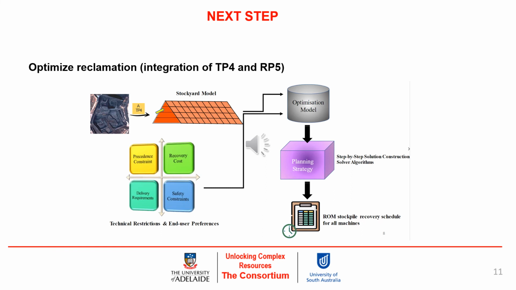For example, to reclaim a voxel from the lower batch, the voxel on top of it has to be removed first. We also have the recurring cost for each reclaiming operation as a constraint, plus the delivery requirements, which means the quality and quantity required.